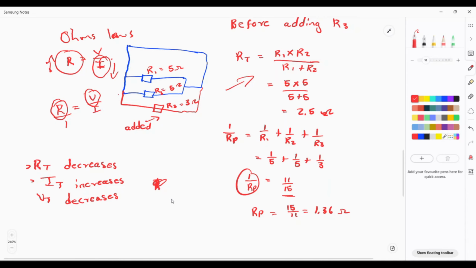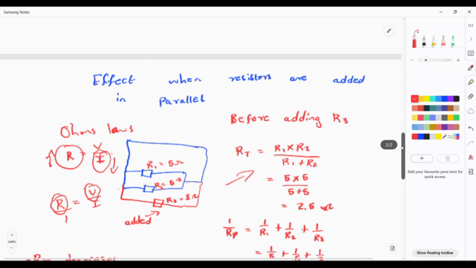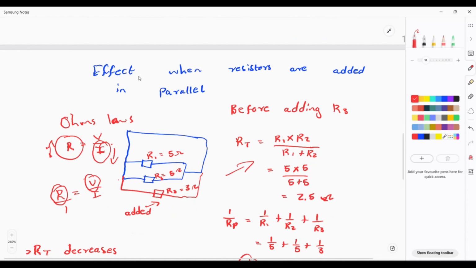That's how you answer them when they say, maybe for example, if they have changed the equation and say effect when resistors are removed in parallel. When we remove resistance in parallel, what's going to happen? The total resistance is going to increase.